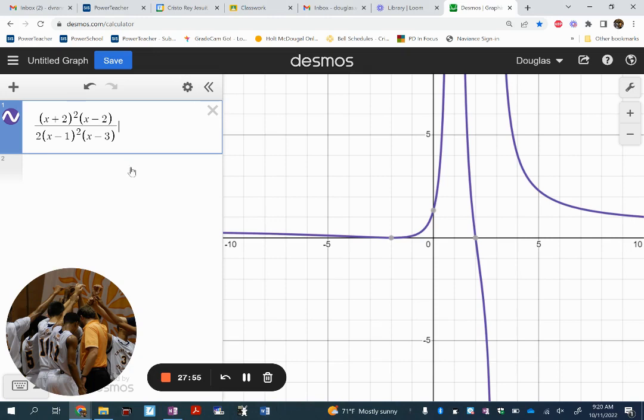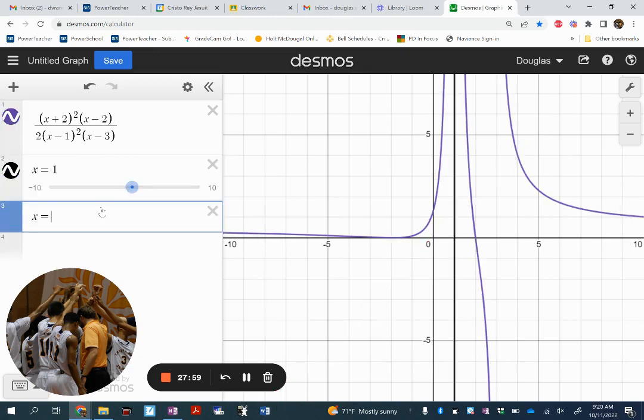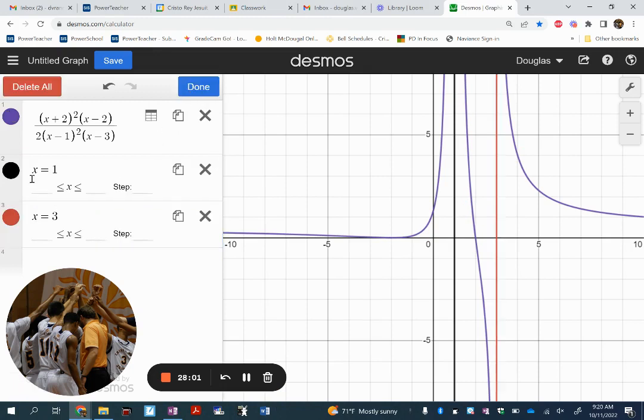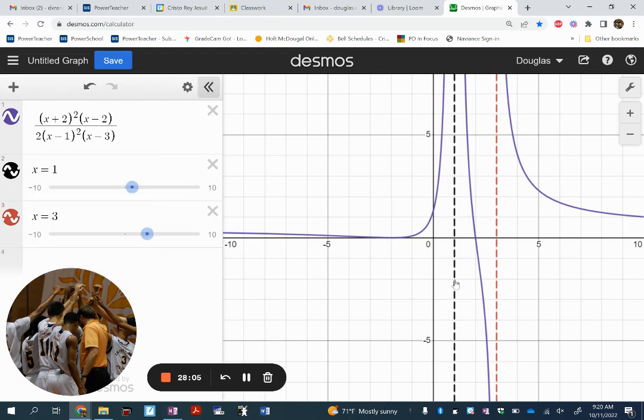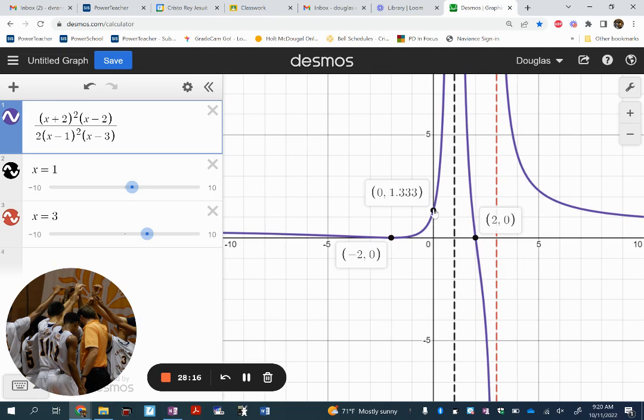Excellent. So as I did before, again, you don't have to do this. My vertical asymptotes are x equals 1 and x equals 3. You can see those there. And again, I mentioned we have that double root at (-2, 0), so you can see we're touching it but not actually crossing the x-axis, and this one does cross, and there's our y-intercept.